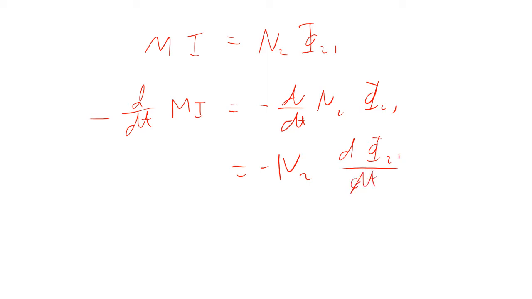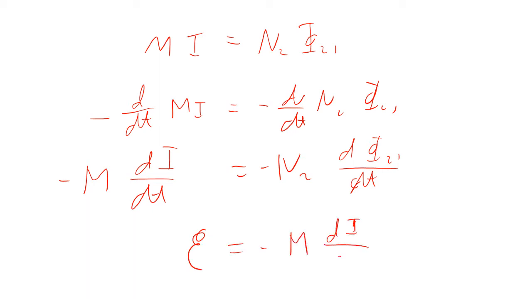On the left, we're assuming that this thing that we call the mutual inductance can come out of the derivative. It's constant, as long as you don't change the orientation of everything. Okay. Well, what's on the right over here is simply the EMF. And so we can say that the EMF induced is minus M di/dt.